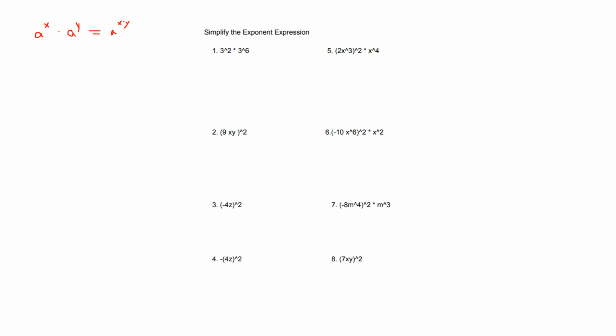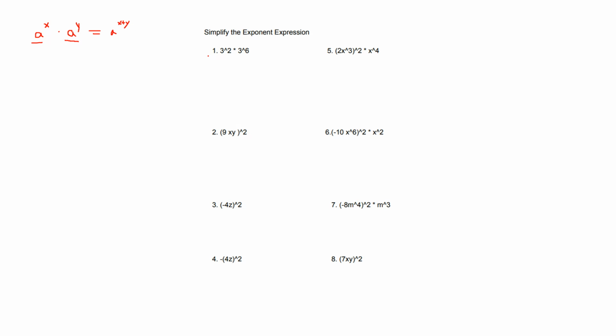So the first one is pretty simple. If you have the same bases and you're multiplying them, then you could just write the same base that you had before, but then just add the exponents together.